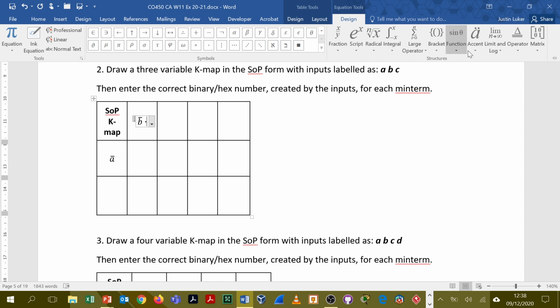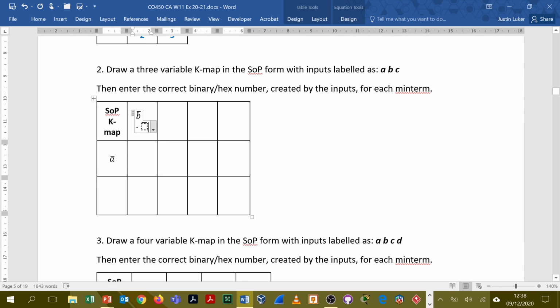And let's do not C. There we go. Right. Excellent. I'm just going to copy that just for speed.